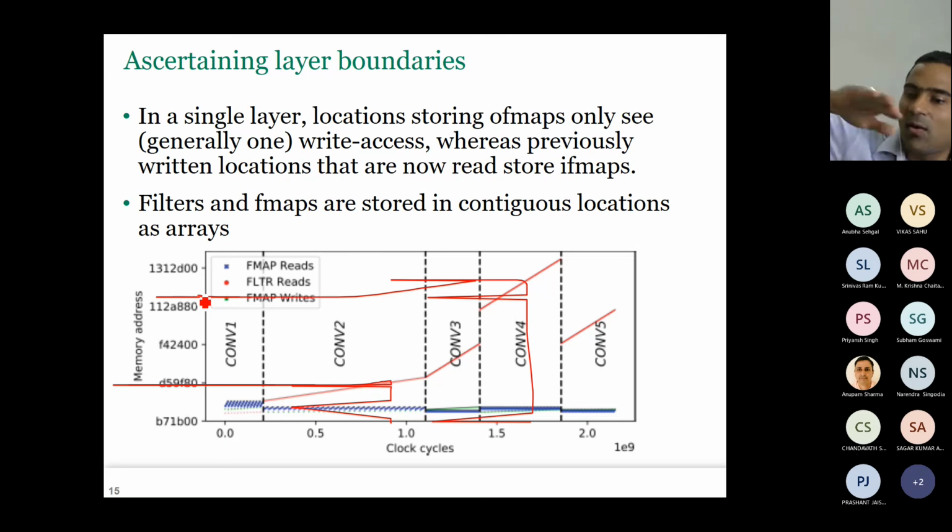So we are reading all of that, this particular range of memory addresses. It shows that they are all for the convolution filter.